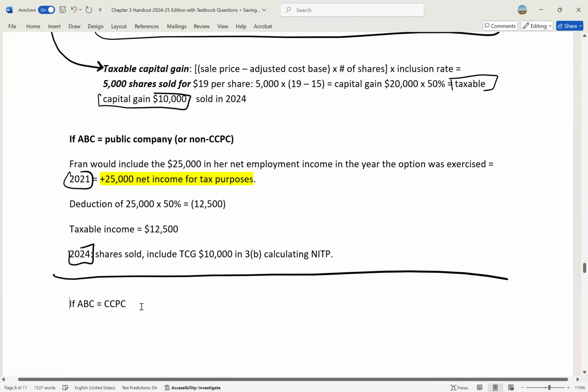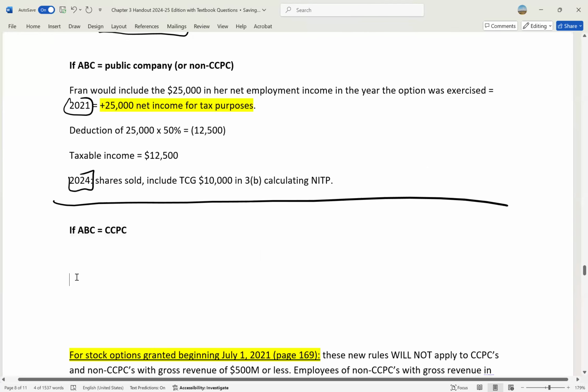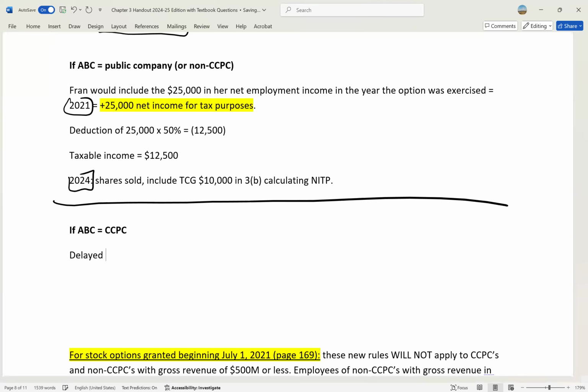Now, what about if ABC was a CCPC? If ABC was a CCPC, then everything would be delayed until the shares are sold. So the amounts would be delayed for inclusion in income until the year the shares are sold, which was 2024.